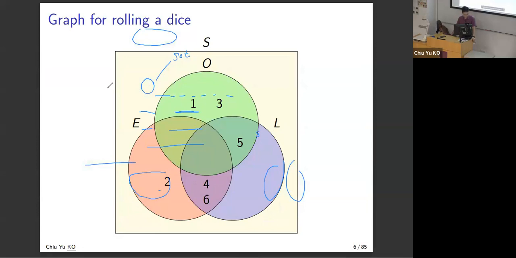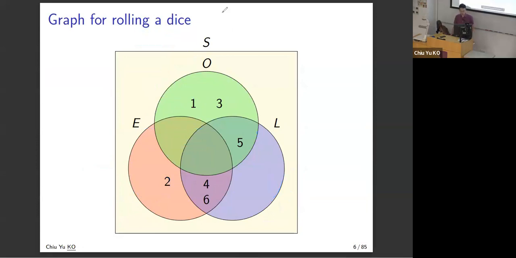Okay, I think they updated it in this way on the right hand side. Another thing we want to introduce is called the Venn diagram. It's also a picture of sets, and this is usually how you try to understand the operations of sets. So this is the whole sample space, and we have even number, odd number, and large number.